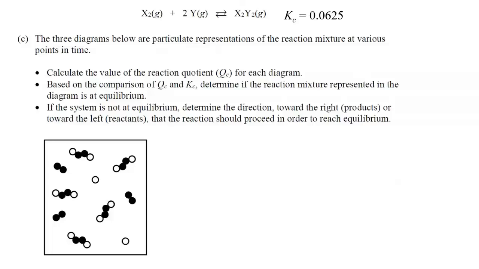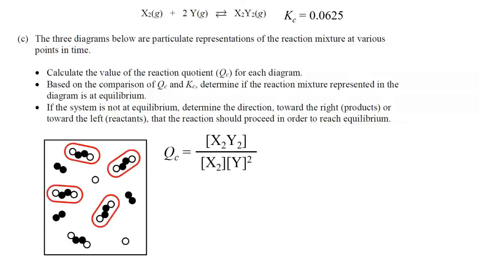So let's start with the first diagram. We'll count the particles. So the number of particles of X2Y2 are 1, 2, 3, 4, 5. So there's 5 X2Y2 particles, so 5 will go on top. And then the number of X2 particles, I see 3, so 3 goes on the bottom.